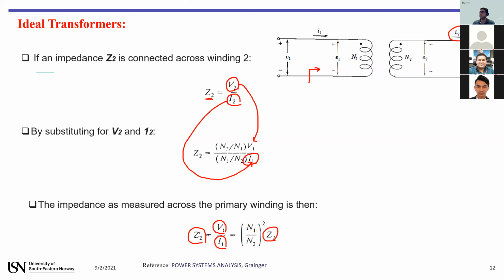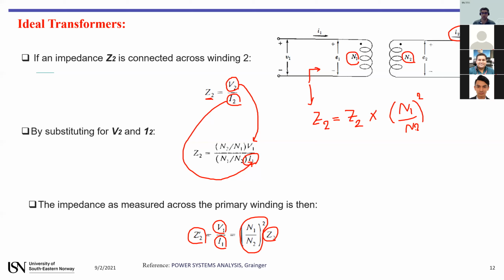Z2 is the impedance on the secondary side, but you have to use this term to convert it. This term is important: N1 over N2 squared. N1 is the turns of this winding, N2 is the turns of this winding. So with this expression, we can convert the impedance from one side to the other side.